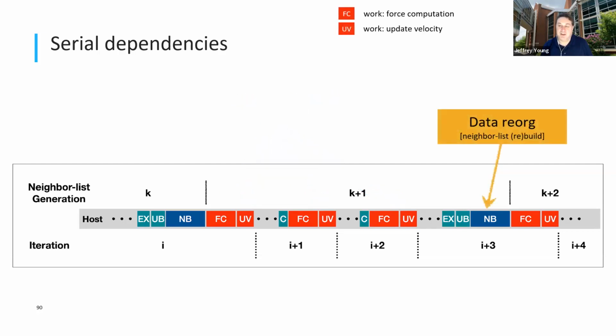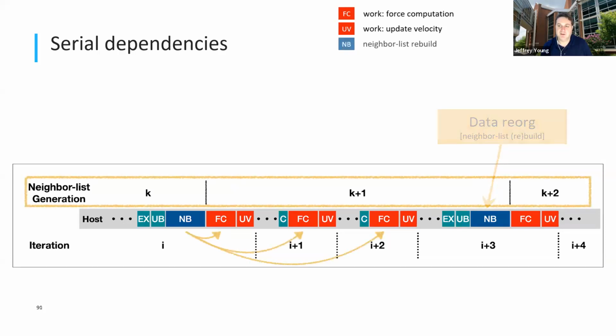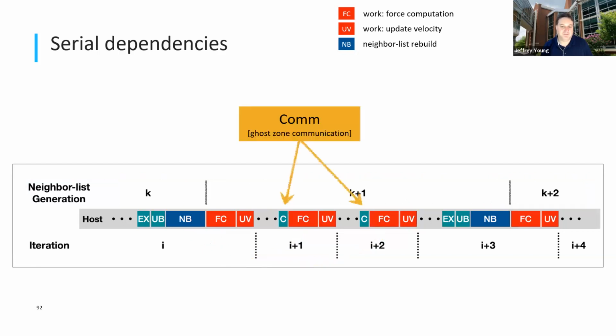Then we have that intermediate step where we're rebuilding the neighbor list, doing our data reorganization, and potentially sorting values. And that has a dependency on upcoming computation elements. So the neighbor build itself introduces a dependency into this process.